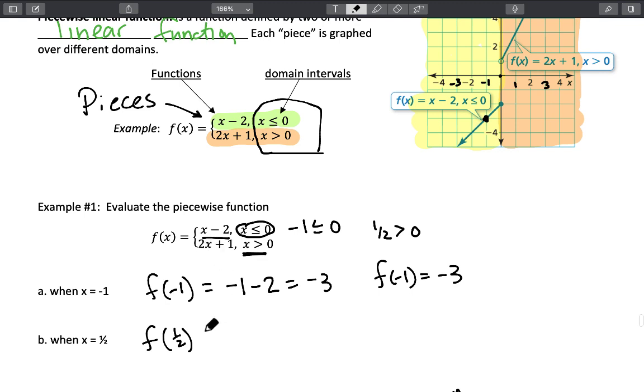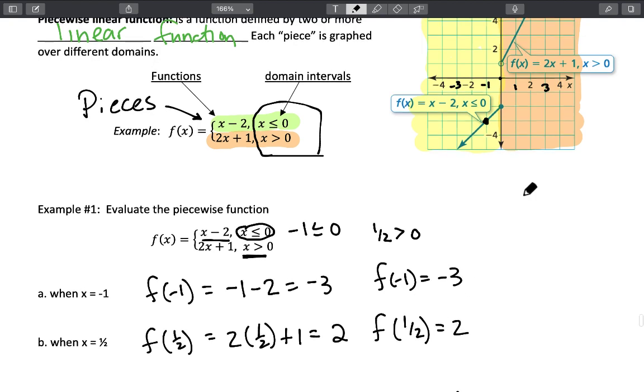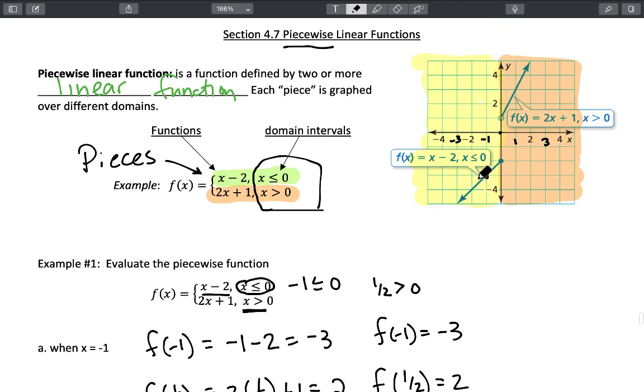So we're going to use the function 2 times 1/2 plus 1, and that will result in half of 2, which is 1. 1 plus 1 is 2. So we would say f of 1/2 is equal to 2. And again, you can confirm that by going over to the graph and checking out where x is equal to 1/2, right here in between 0 and 1, and then going up to the graph, the output there is 2.